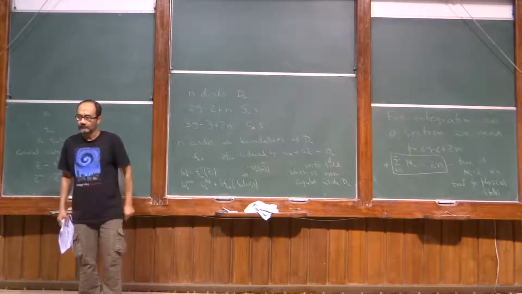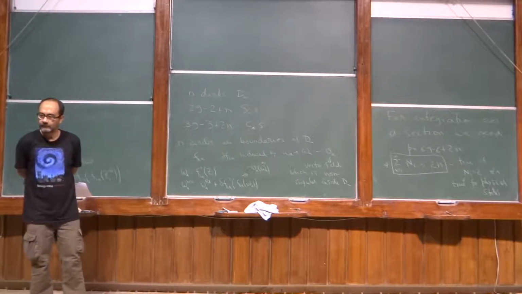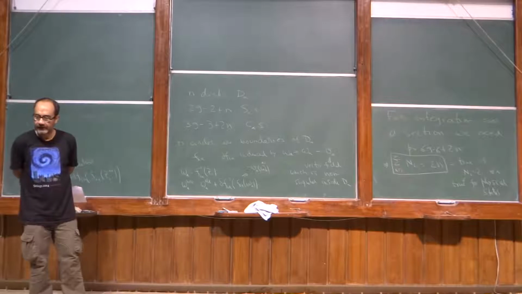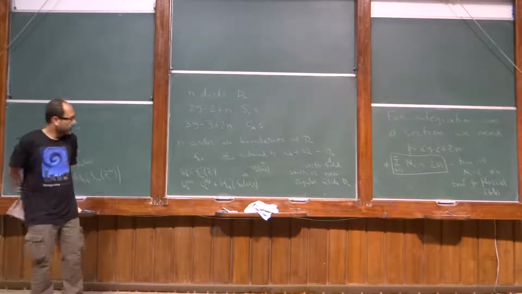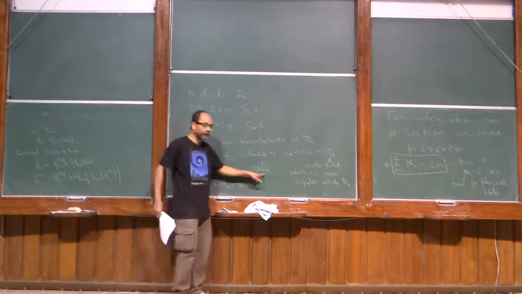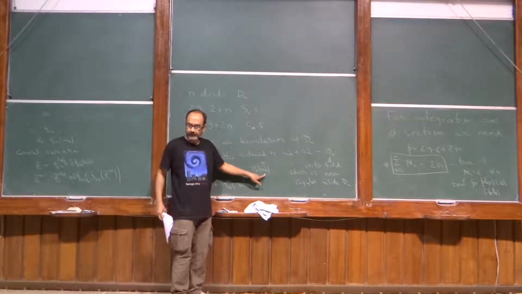So when we do this redefinition, these have to vanish at WA equal to 0. I should have said, these are non-singular and they vanish at WA equal to 0. Right?